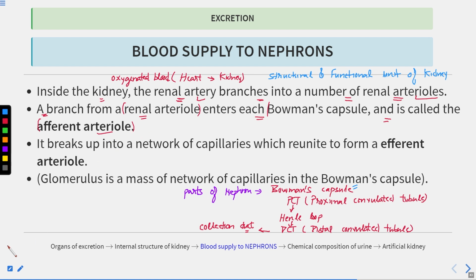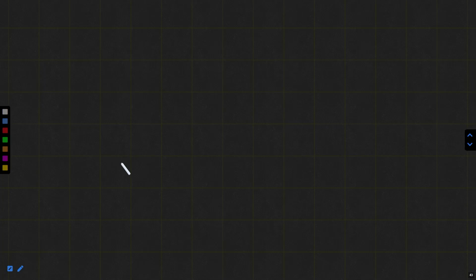So it looks like this. If this is the Bowman's capsule, it is a cup-shaped structure. Inside here, there is a network of capillaries.